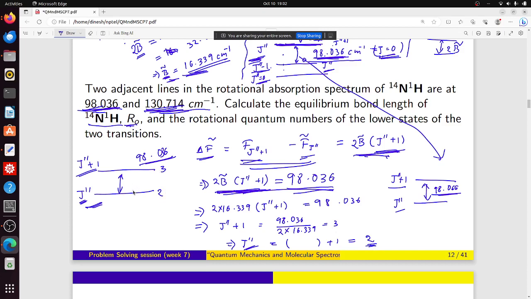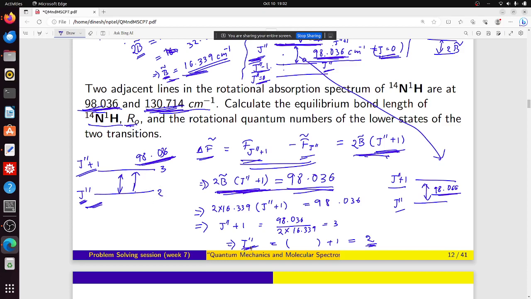So what is this transition? 2 to 3. So the 2 to 3 transition will give this energy, which is released or absorbed, whatever. So this is the energy difference between these two states.